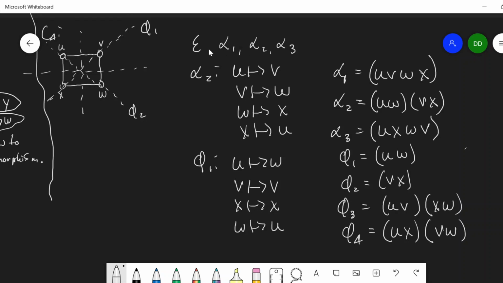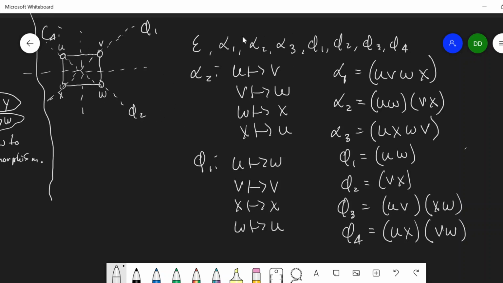So that was identity, alpha 1, alpha 2, alpha 3. We had theta 1, theta 2, theta 3, and theta 4. And this ends up being all of the automorphisms. One way we can check, well, we can keep thinking about, are there other ways to send these elements around?